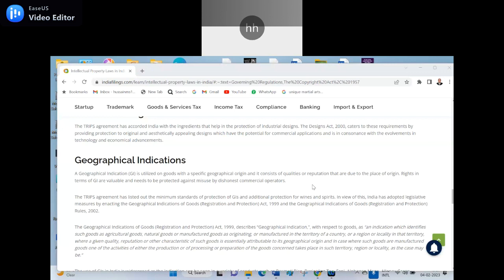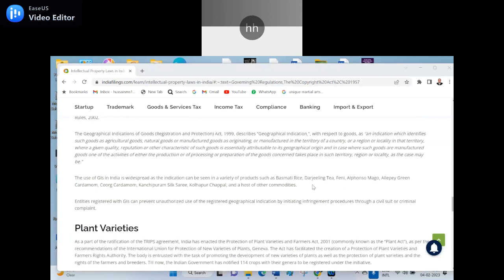No, why I am giving this is that geographical indication is also one of the indications protected under the 1999 Act. A geographical indication with respect to goods is an indication which identifies such goods as agricultural goods, natural goods or manufactured goods originating or manufactured in the territory of a country or a region or locality, where a given quality, reputation or other characteristic of such goods is essentially attributable to its geographical origin, and where such goods are manufactured, one of the activities of production, processing or preparation takes place in such territory, region or locality, as the case may be.